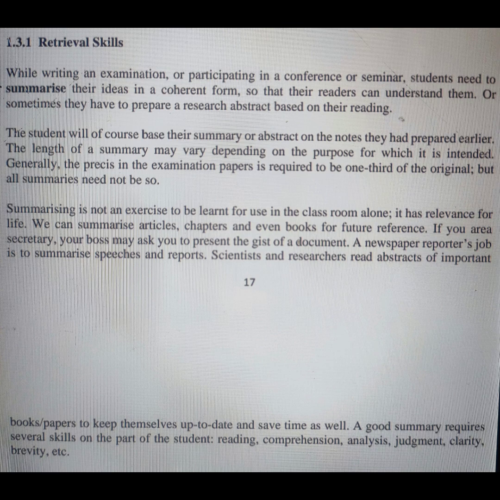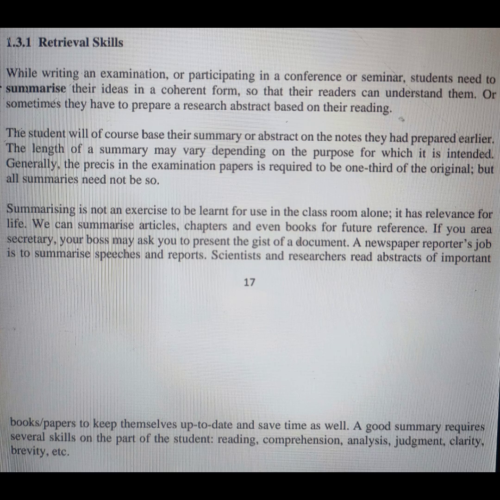Generally, the précis in the examination papers is required to be 1/3 of the original, but all summaries need not be so. Summarizing is not an exercise to be learned for use in the classroom alone. It has relevance for life. We can summarize articles, chapters and even books for future reference. If you are a secretary, your boss may ask you to present the gist of a document.